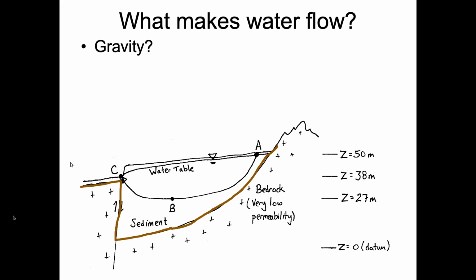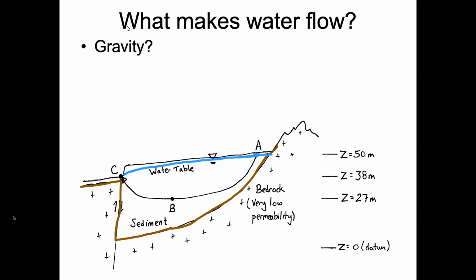We have it filled with this sediment here, and then we have identified on here where the water table is. We've gone out and measured and said, okay, this is where the water table is. So below this is all saturated, right? It's filled with water. Now, our goal as a hydrogeologist would be to say, if we were a water drop here at point A, what would our flow path likely be and where would we end up?